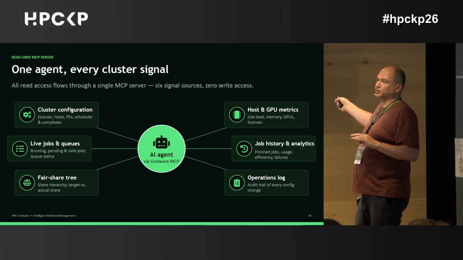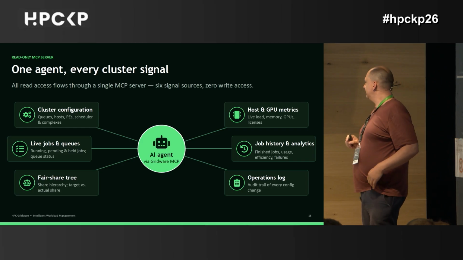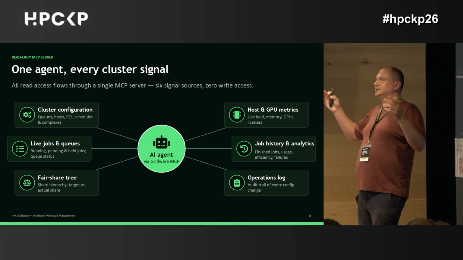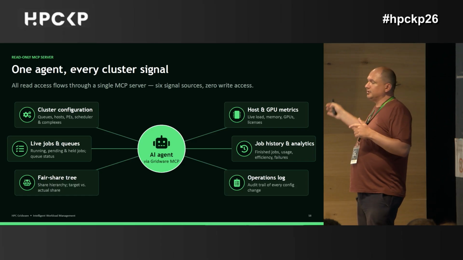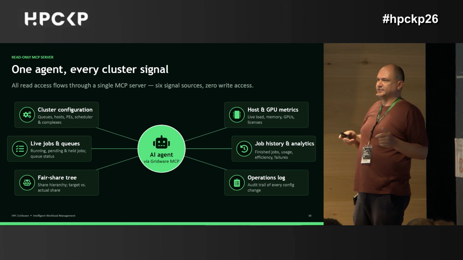And then, of course, the operation log is also available, which I think is a very good use case, because now the agent can not just figure out that there is a problem and solve it by this and that. Maybe now it can also be so smart in figuring out who introduced this problem, or when it was introduced.